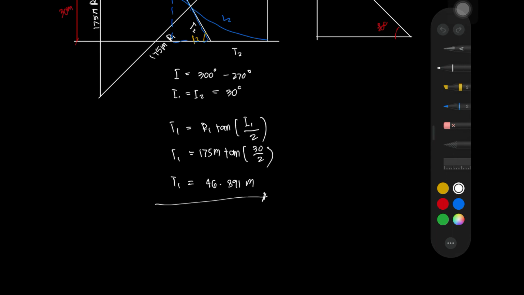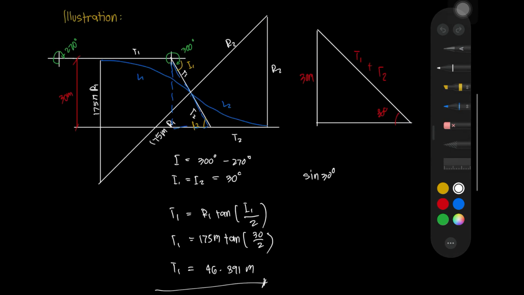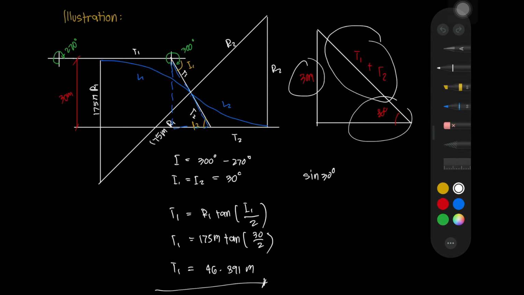So now let's get T1 plus T2. We can use the sine 30 degree function since 30 meters is opposite to 30 degrees and this T1 plus T2 is the hypotenuse.